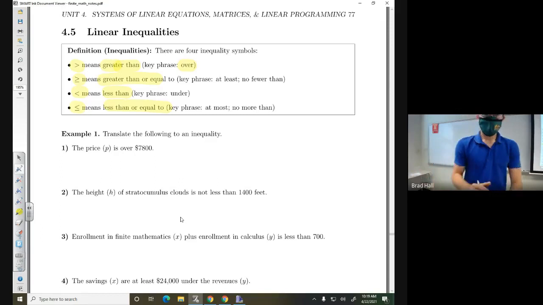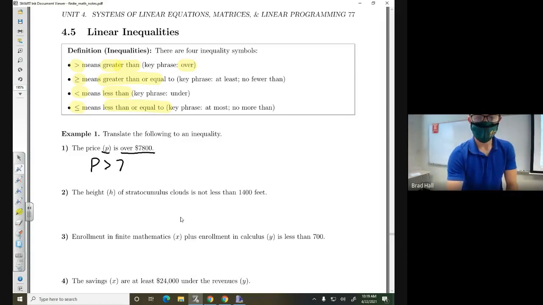So we can compare this, say, example 1, part 1: the price is over 7,800. So we could keep going. The height is not less than.